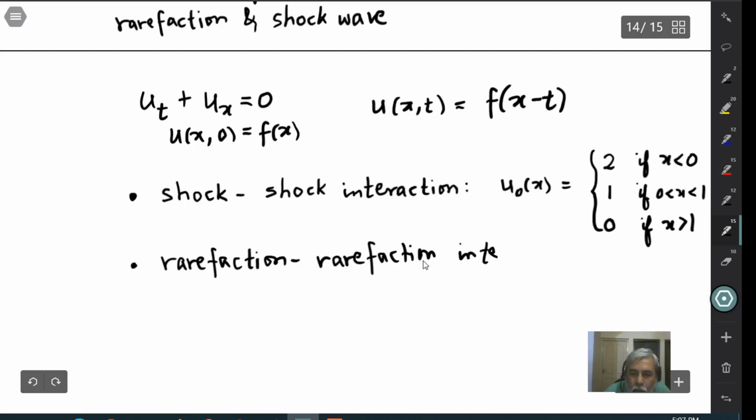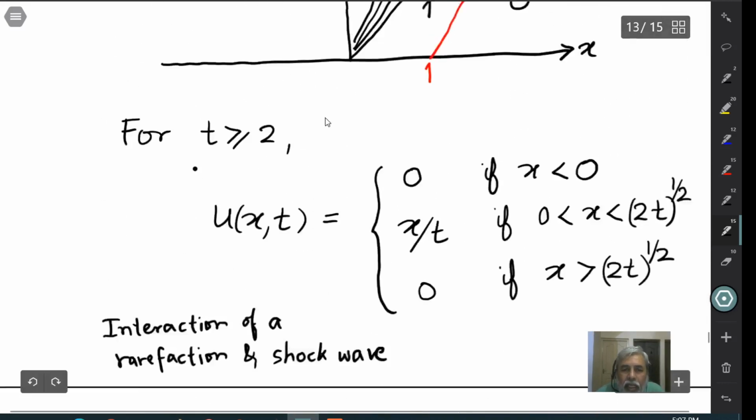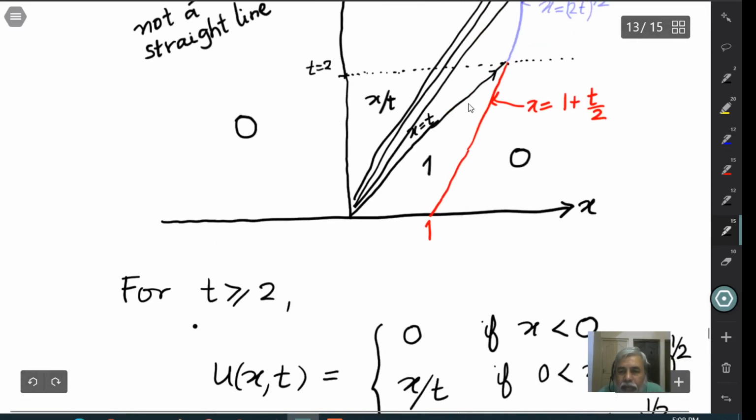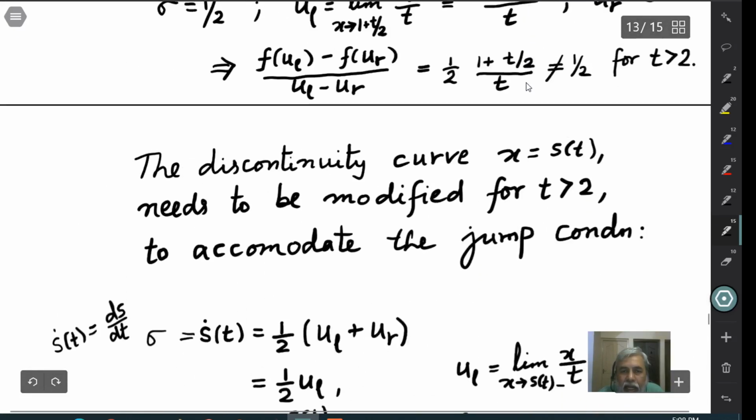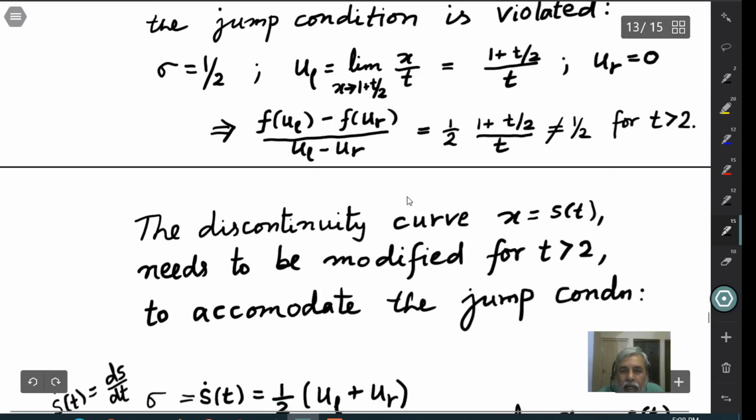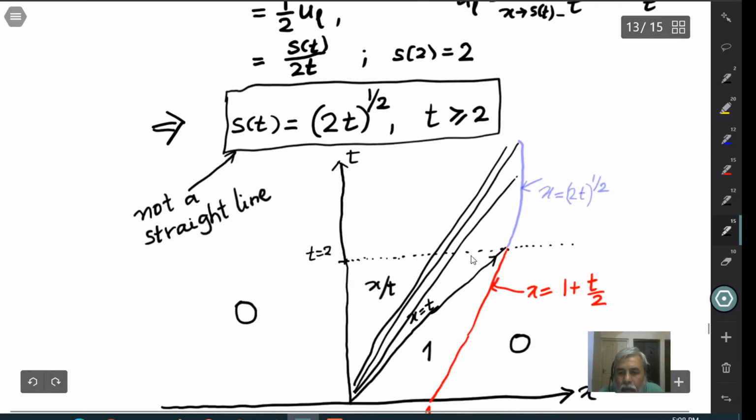And we can also examine, so here the rarefaction was on the left and the shock was on the right initially, and that remained later also. So this rarefaction remains, and that shock also remains, though with some changes.